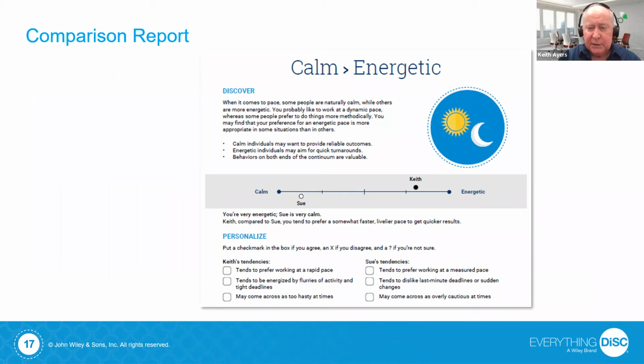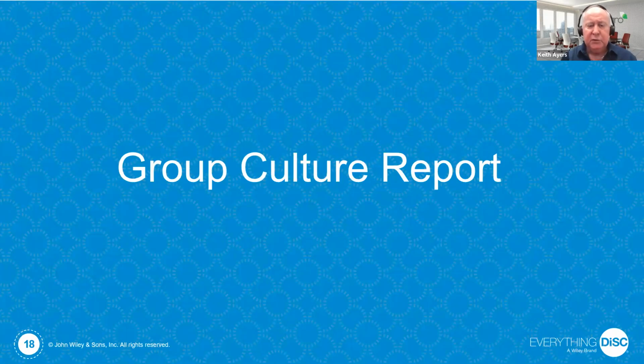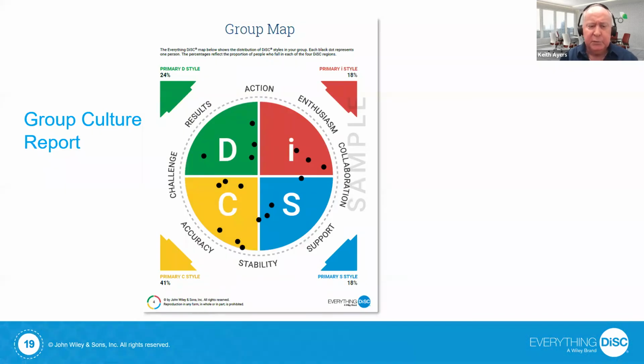So then I'm just going to go on to 2 group reports. We cover these in the certification training, but we don't go into much detail. A group culture report looks at a group of people and where they plot on the DiSC map. So here we see a sample where 41% of the people in this group are in the C quadrant.